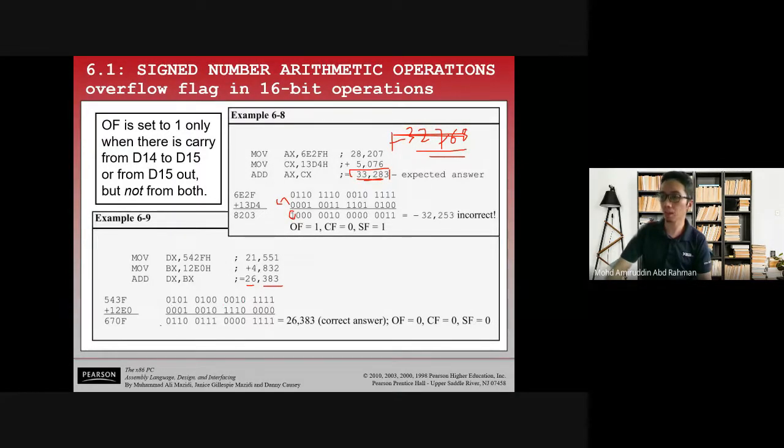So we look at the addition. The sign is 0, so it is positive, and then the rest is 26383.